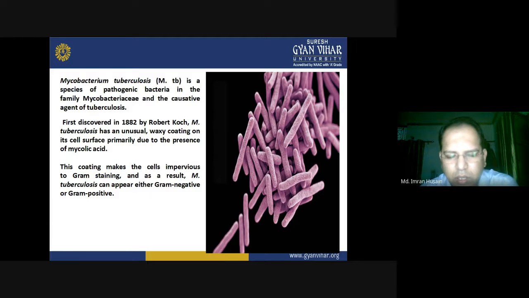So it is somewhat variable when it comes to gram staining.